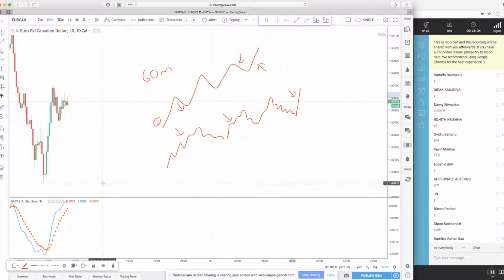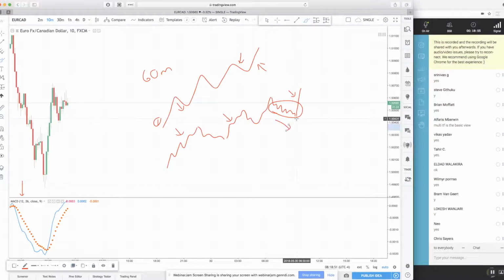Remember what I told you initially, that my MACD is measuring the last 12 and the last 26 candles on average. If I take the last 12 candles on average, it's gonna say, according to the last 12 on average, the momentum is down, and maybe only the 12th candle is up, but together the average is down.